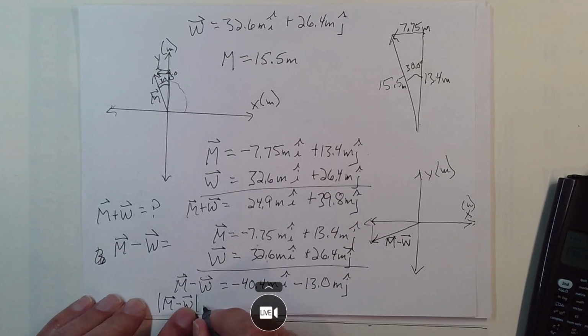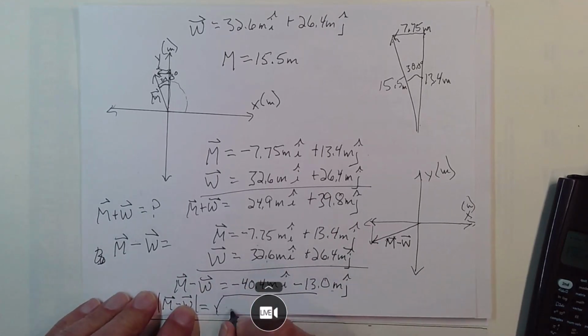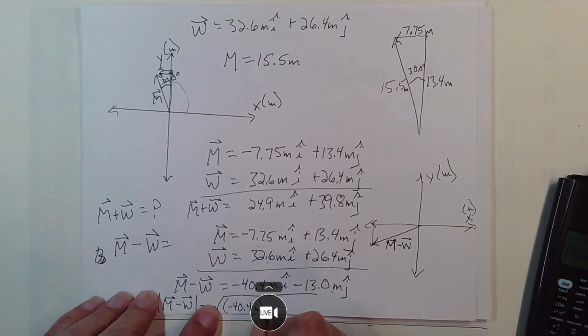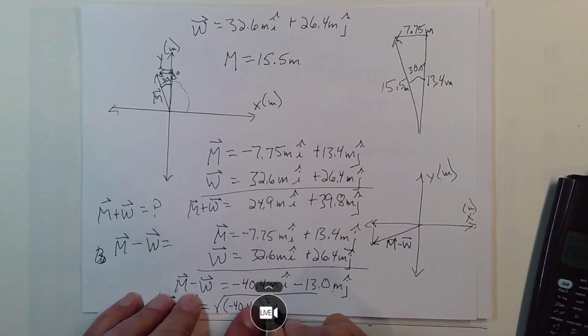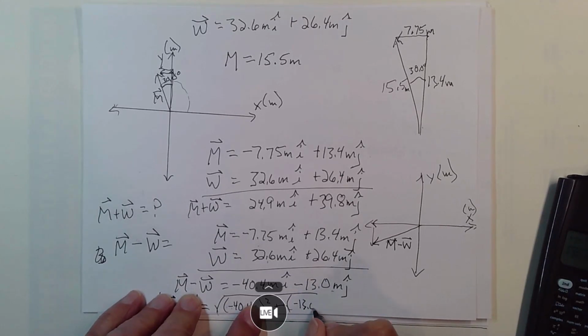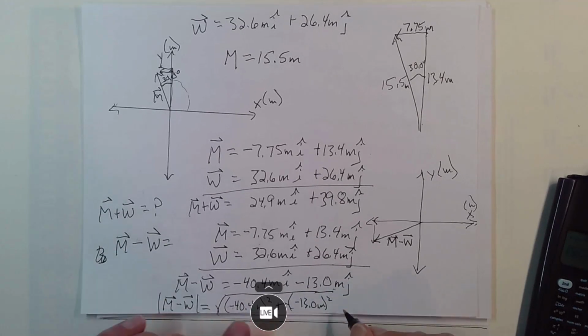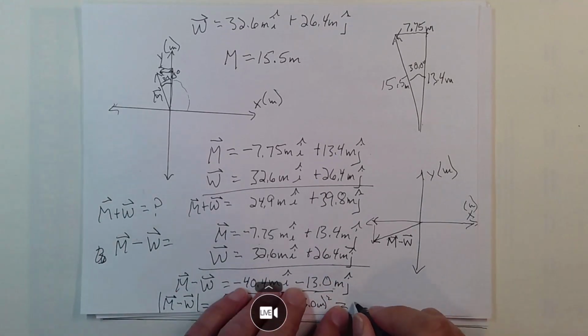And so to get this, you have to take the square root of minus 40.4 meters squared, and when you square that, it's going to become positive, plus minus 13.0 meters squared, and that'll become positive as well, and I get 42.4.